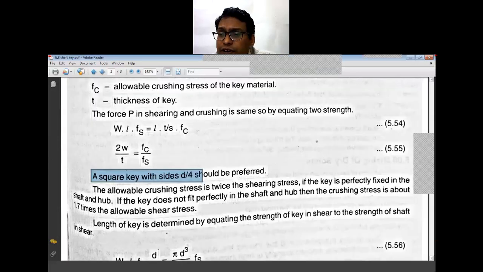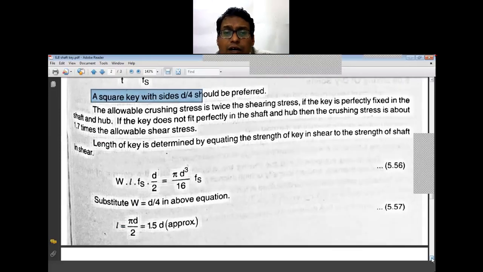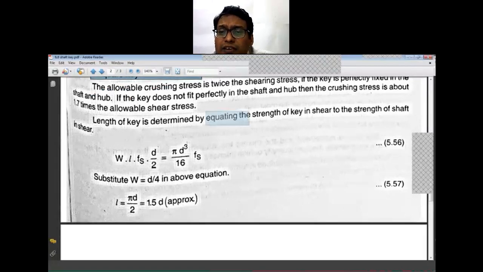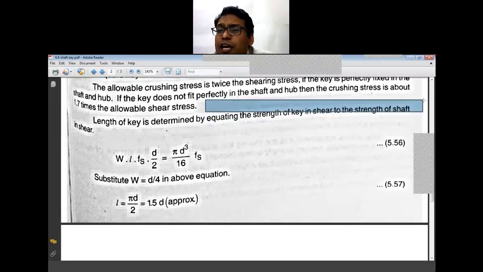Then the length of the key is determined by equating the strength of the key in shear to the strength of the shaft in shear.